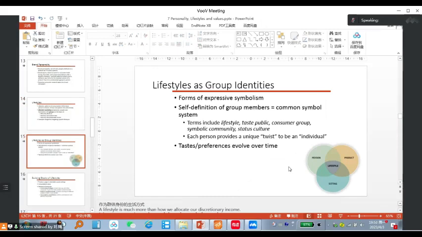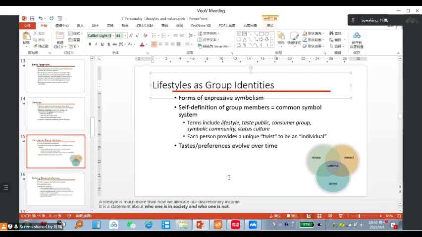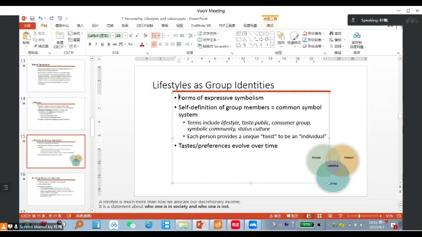And a lifestyle is much more than how we allocate our discretionary income. It is a statement about who one is in society and who one is not. So lifestyles can be used as group identities. It refers to forms of expressive symbolism.